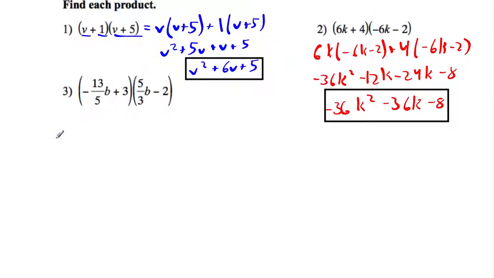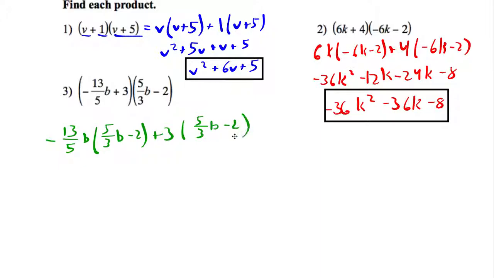And then for here, we're going to do the same setup. So negative 13 over 5b times 5/3 b minus 2 plus 3 times 5/3 b minus 2.